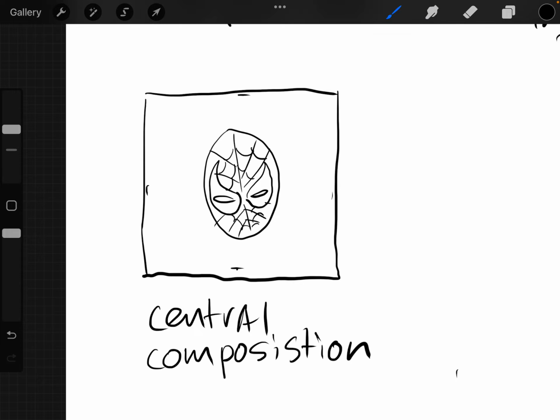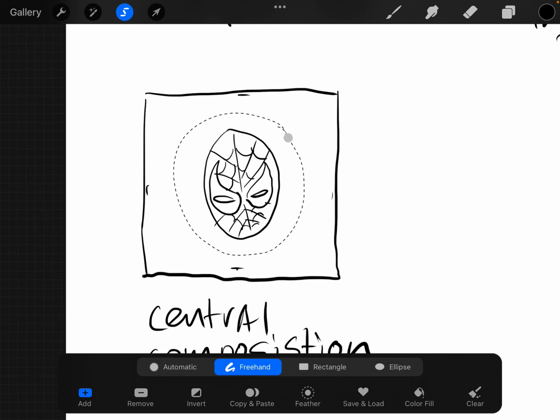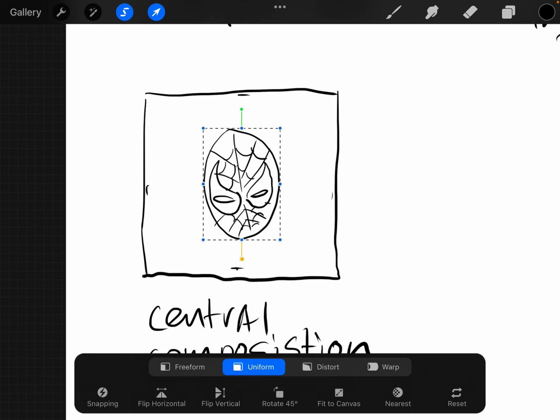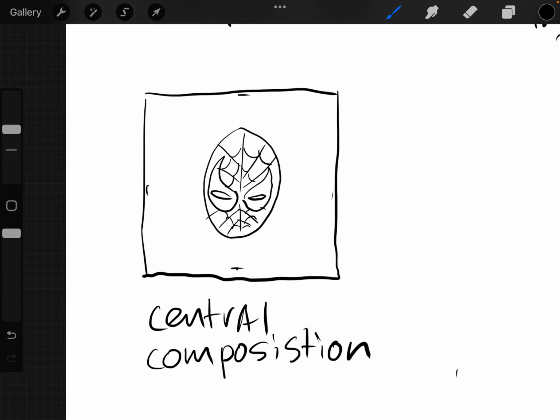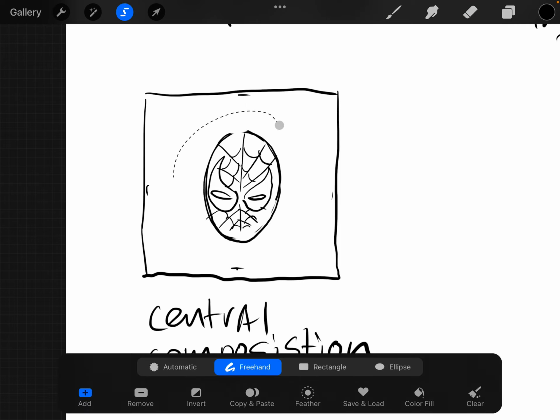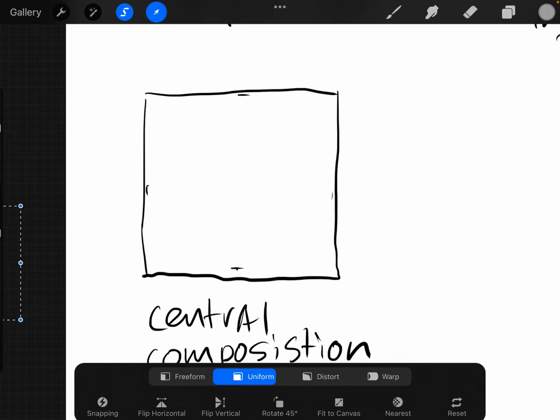This is in the center, but look, it is on an angle, and that means it's unbalanced, right? So try and make it the same, because if it's not the same on both sides, then how can I say it's balanced, right?